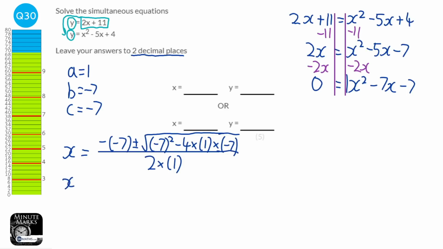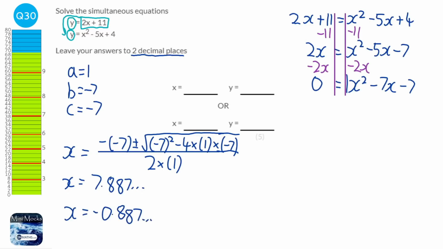And when you do that with a plus in that bit there on the calculator, we get the answer of 7.887 blah blah blah. When you do it with a minus, you get the answer of minus 0.887. And don't rewrite the whole formula when you change from plus to minus. Just use the calculator function to go back to this sign and just delete it and change it to a minus.